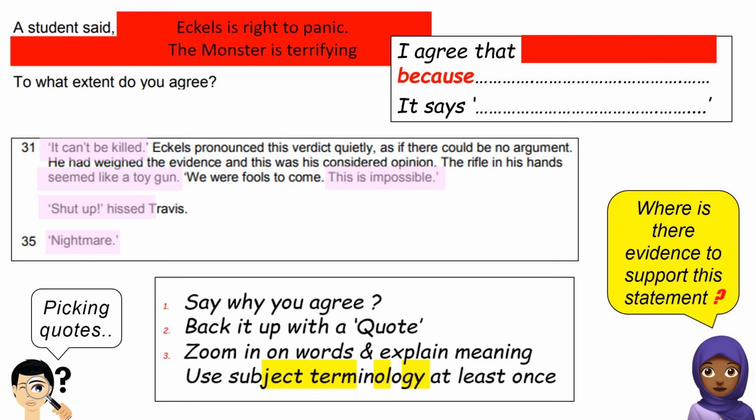So I agree that Eccles is right to panic because he hasn't got any way of defending himself from this T-Rex. It says his rifle, the rifle seemed like a toy gun. So I've made a point, I've mentioned the statement, and I've backed it up with a quote.